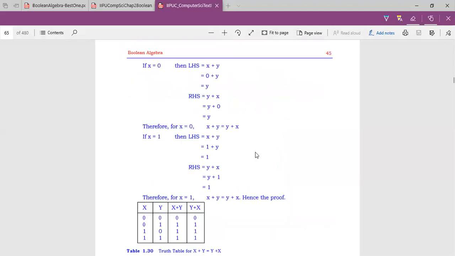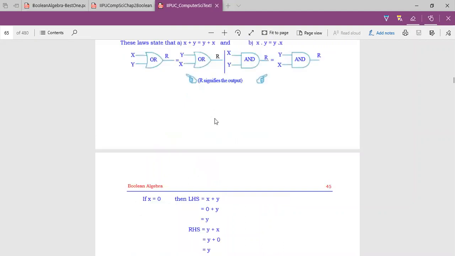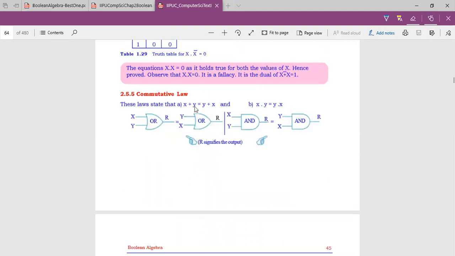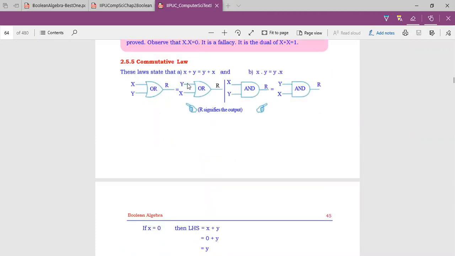Shall we prove using the perfect induction method? Now, here you observe that there are two variables, correct? X and y. So, in the perfect induction method, we substitute all the values for all the variables.